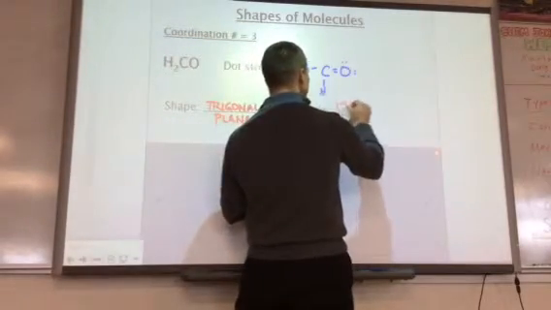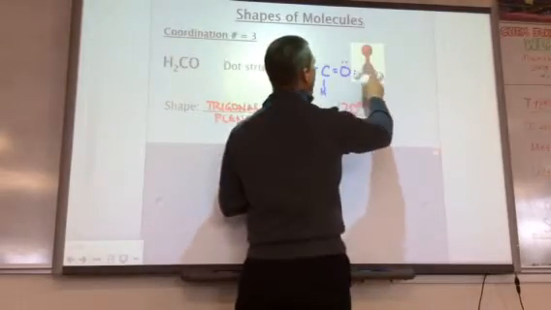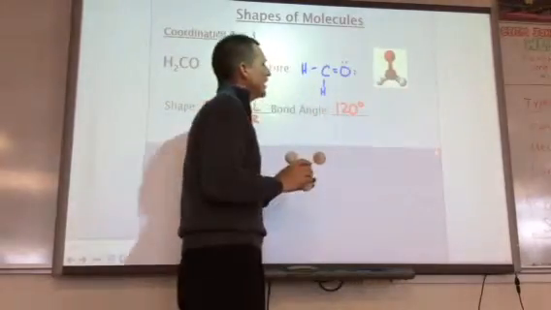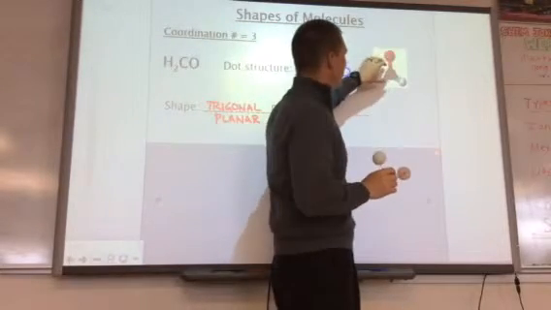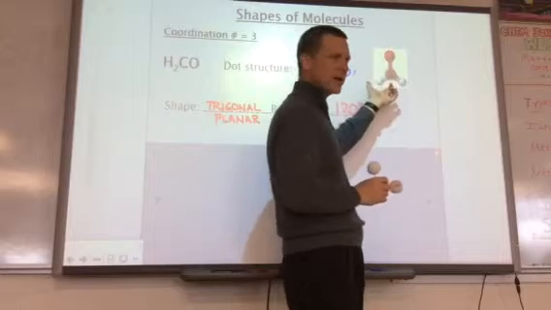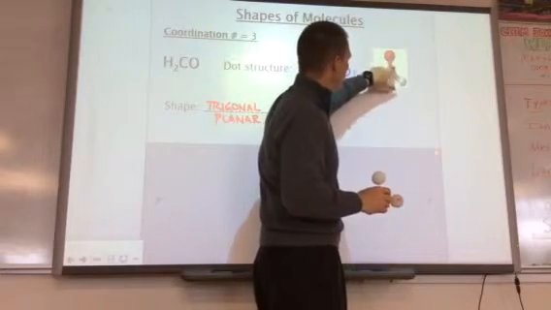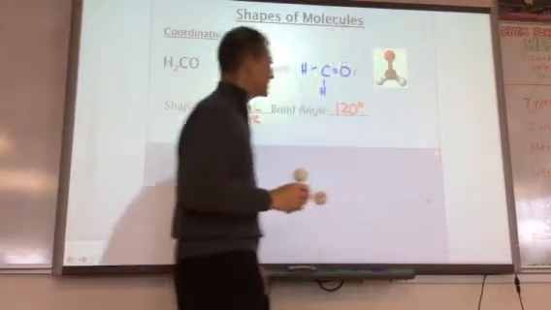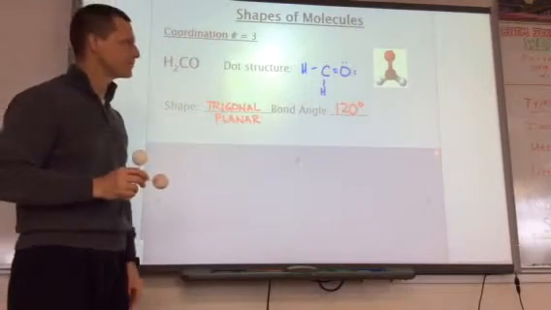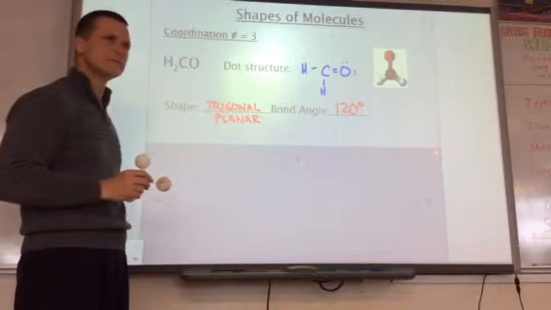They're all 120 degrees. Here's a model of that one. Notice that the molecule isn't totally symmetrical because the oxygen is this big bulky thing compared to hydrogens. But still, you have 120 degrees between each of those bonds.